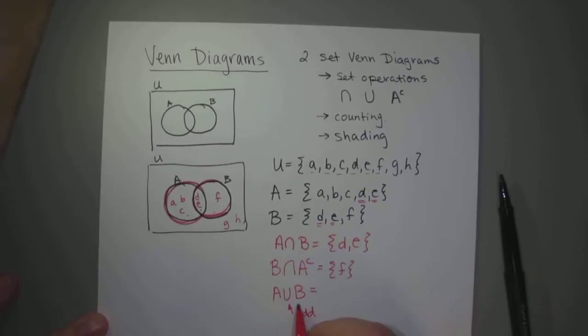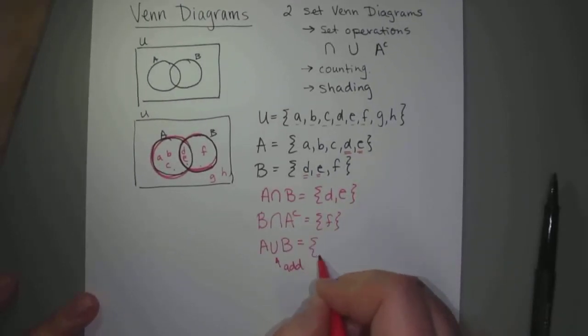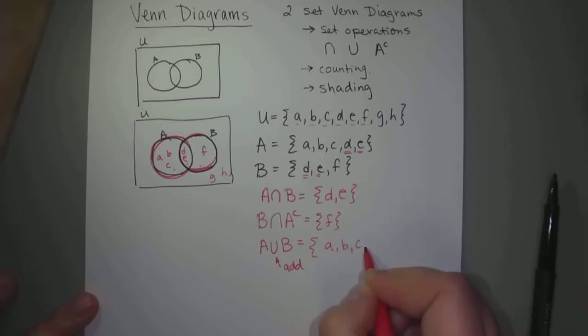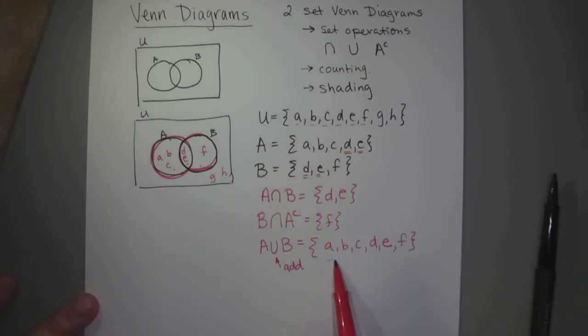So it's everyone in A, everyone in B, all together. So everyone that's in A is A, B, C, D, and E, and then everyone that's in B that we haven't already listed. Right? So we've got everyone that's in A and everyone that's in B. You don't list things twice in a set, so that would be A union B.